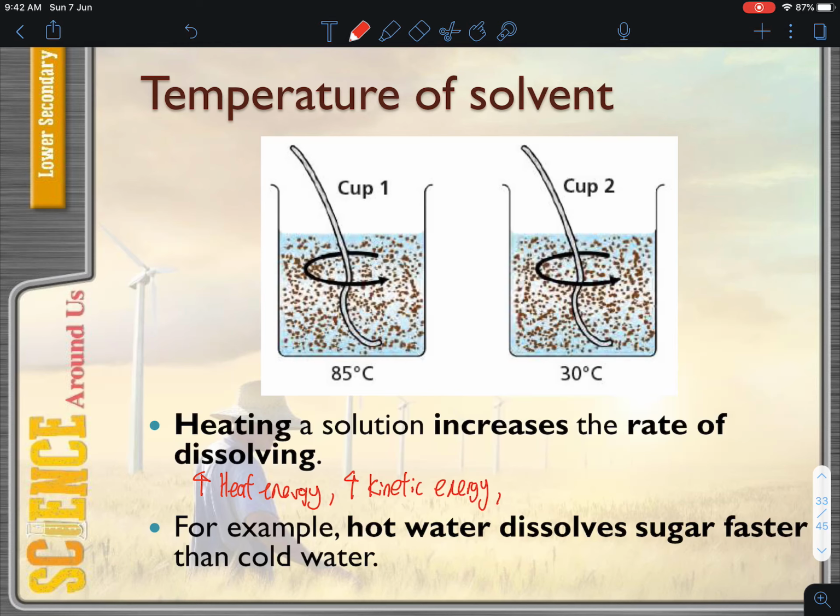So your solute moves faster, and when your solute moves faster, it will be able to interact with the water faster. In upper sec, we learn it as frequency of effective collision, and this would increase the rate of dissolving. What is increased rate of dissolving? That means you use lesser amount of time to dissolve something.